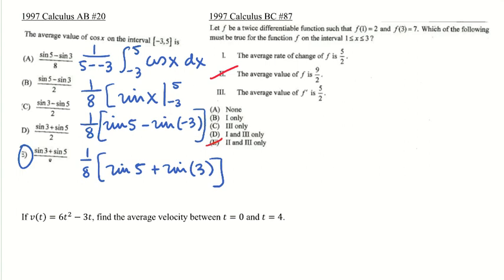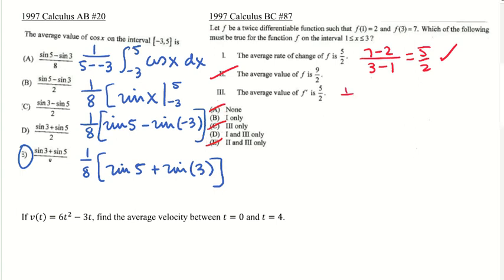So the average rate of change of f, and I know it's been a long time, but the average rate of change is rise over run, so that's 7 minus 2 over 3 minus 1, which is 5/2. So 1 is definitely an answer. So 1 and 3 only are gone. Now it's left to us to determine the truth of number 3. The average value of f prime equals 5/2. Well, let's set up the average value of f prime on the interval 1 to 3.